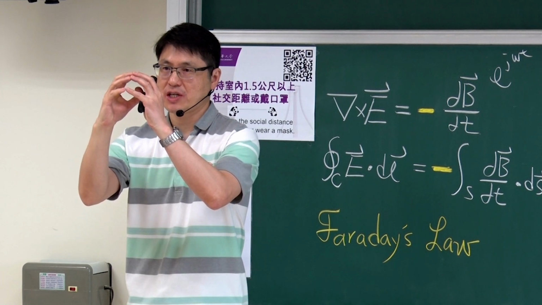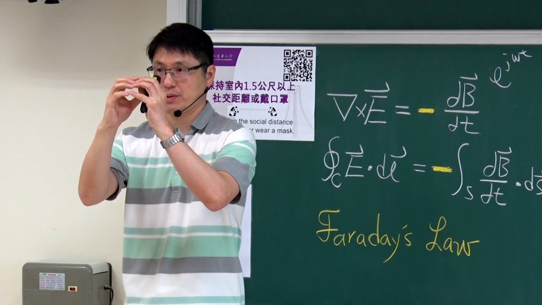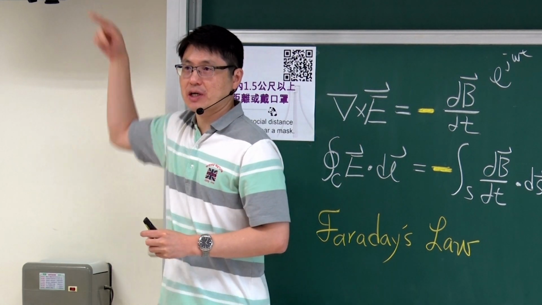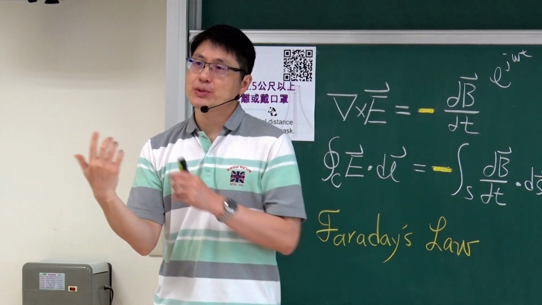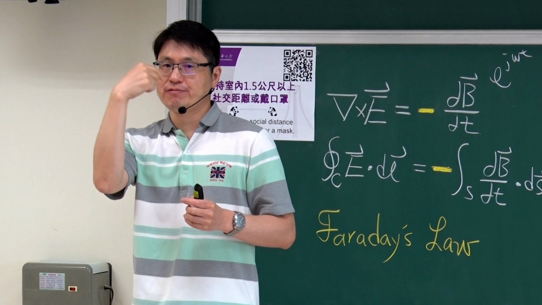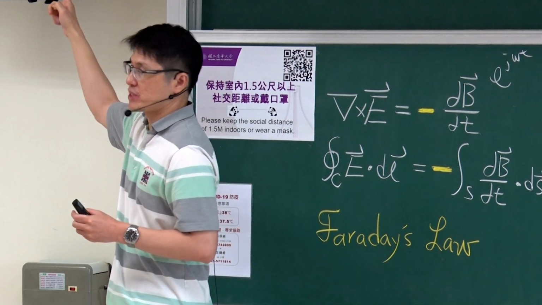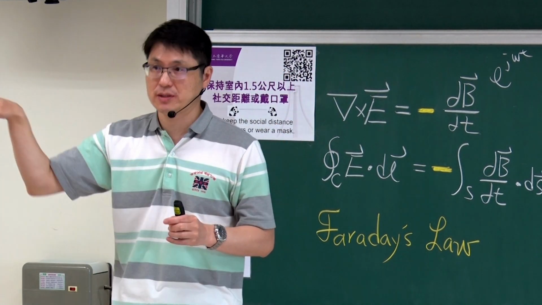This membrane is deforming, therefore changing some voltage. Okay? But usually the speakers are driven by currents. So you somehow need to convert from a voltage signal into a current signal. And if you want to make your speaker sound very loud, you have to send in a large current.